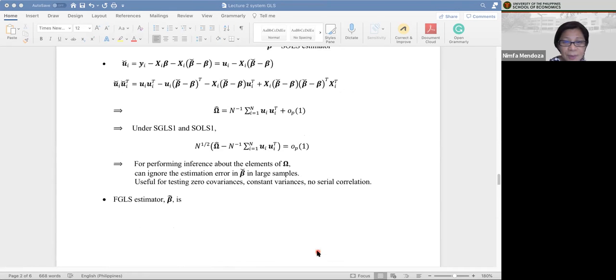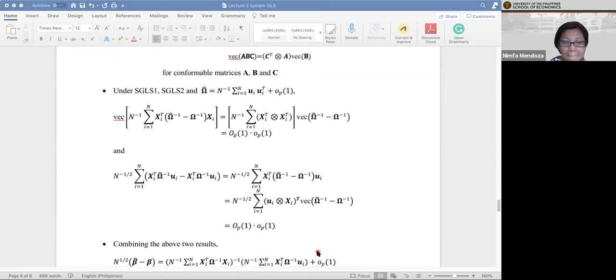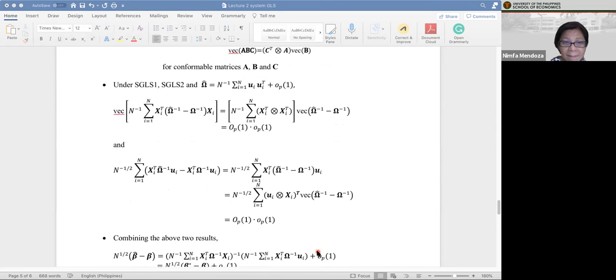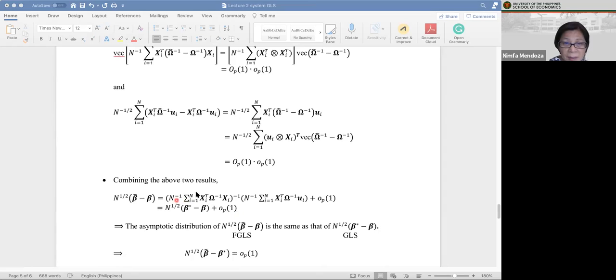Therefore, if you look at this expression and look at your previous notes, that is also n to the 1/2 beta star minus beta plus some term that converges in probability to 0.